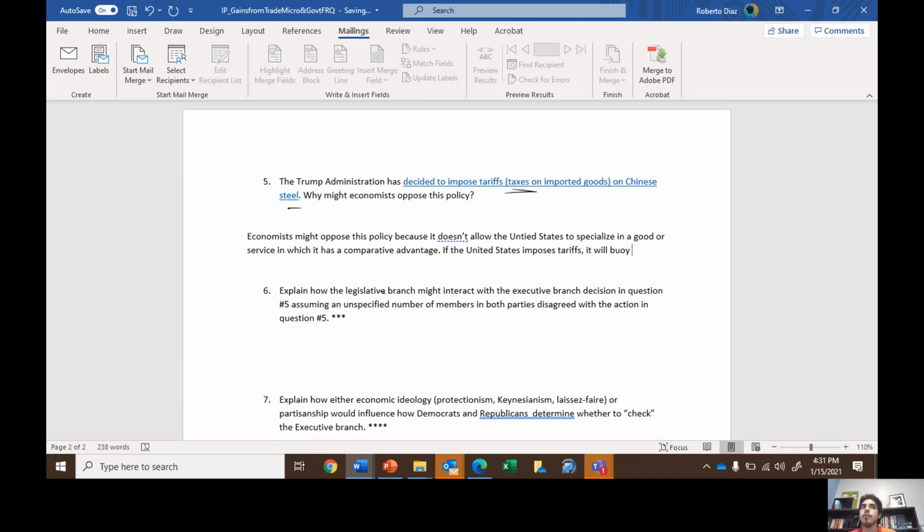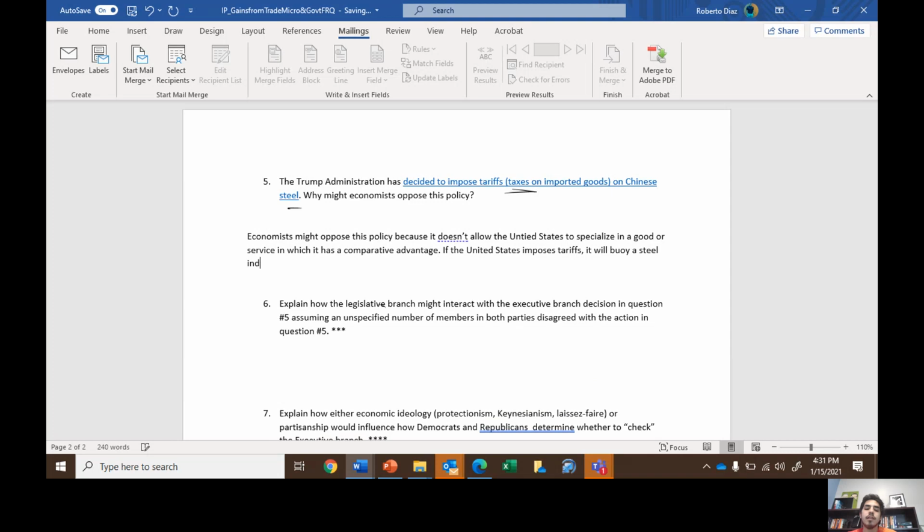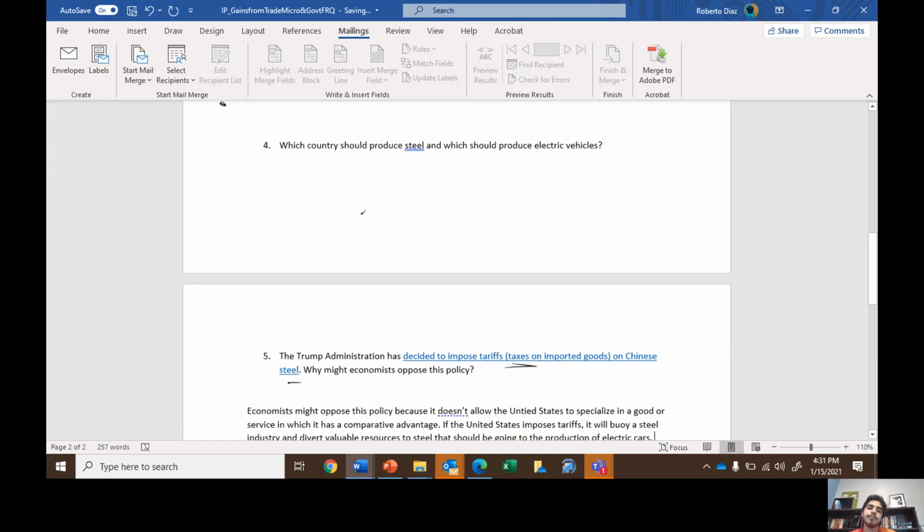It will buoy a steel industry that and divert valuable resources to steel that should be going to the production of electric cars.